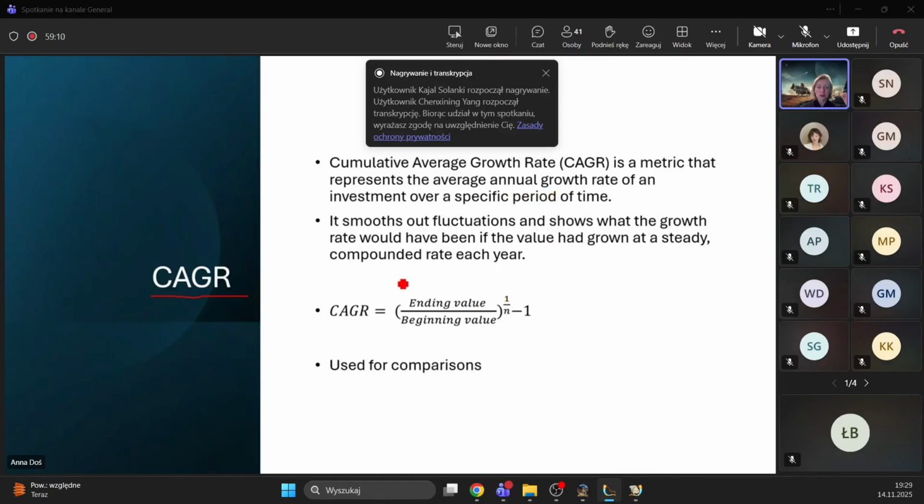However, it is often calculated exactly as geometric average. So, although it is called cumulative average growth rate, please remember that this is not arithmetic average, this is geometric average. And this rate is often used for comparisons between time periods and between asset classes.